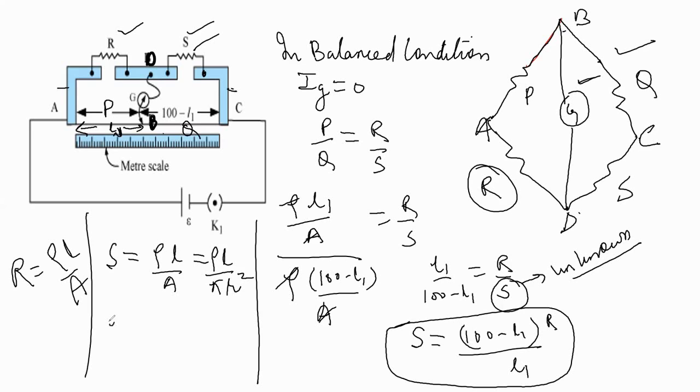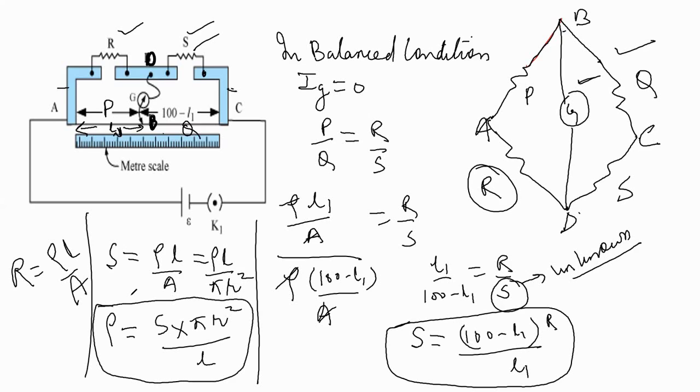So resistivity will be equal to S into pi r square upon L. Radius can be calculated by a screw gauge. So the resistivity of the wire can be calculated by the formula S into pi r square upon L. What is S representing? S is representing our unknown resistor whose value we have calculated. So in this way, in 2 steps, you can complete this.